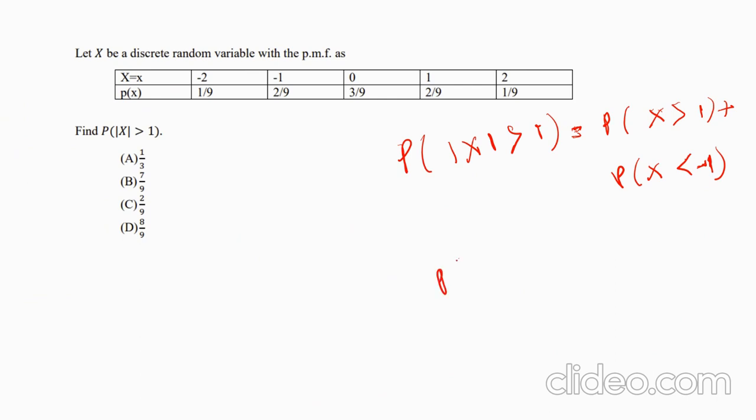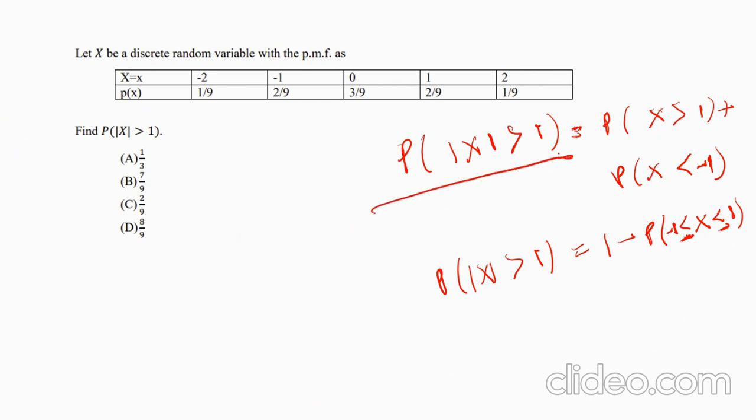Or what you can do is that the probability of mod x greater than 1 will be 1 minus the probability of x in between -1 and 1. So you can do it either way and you can even check whether your answer is correct or not. We will do it firstly from this.